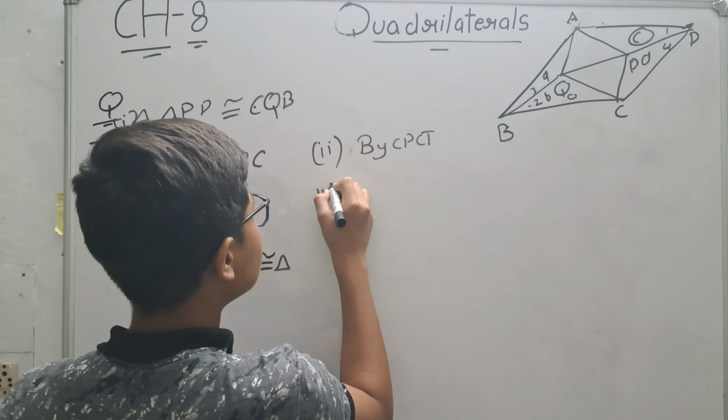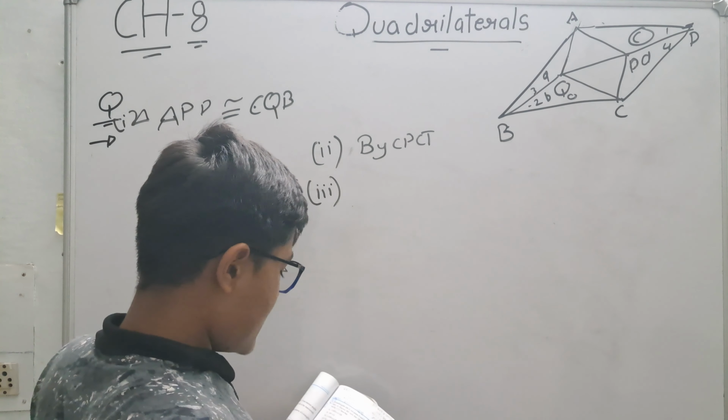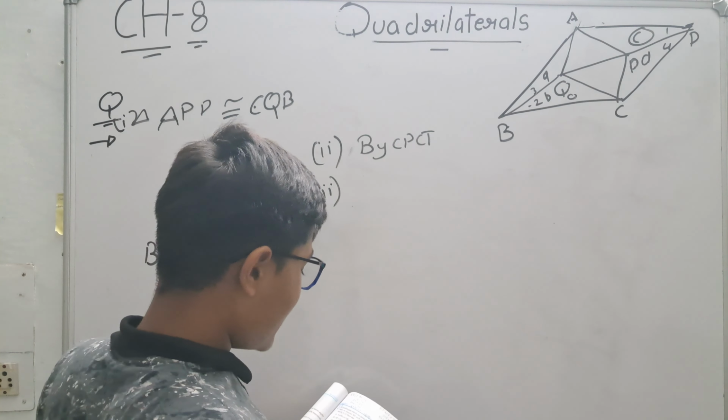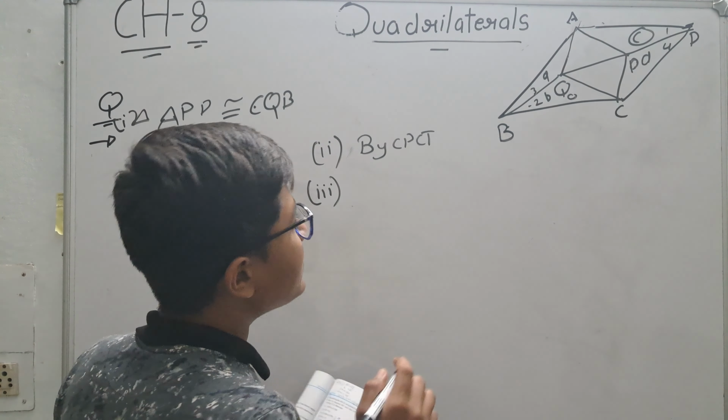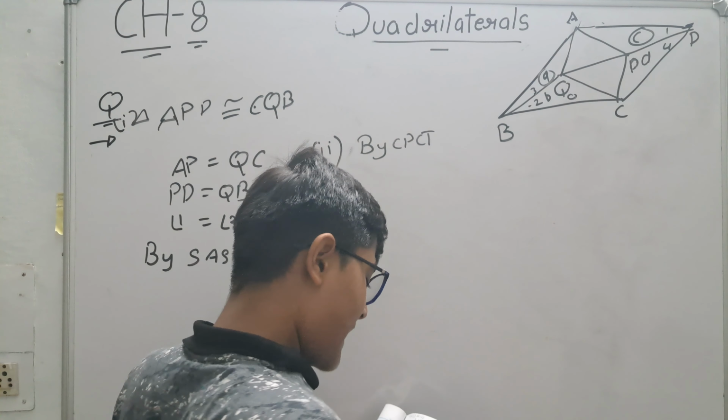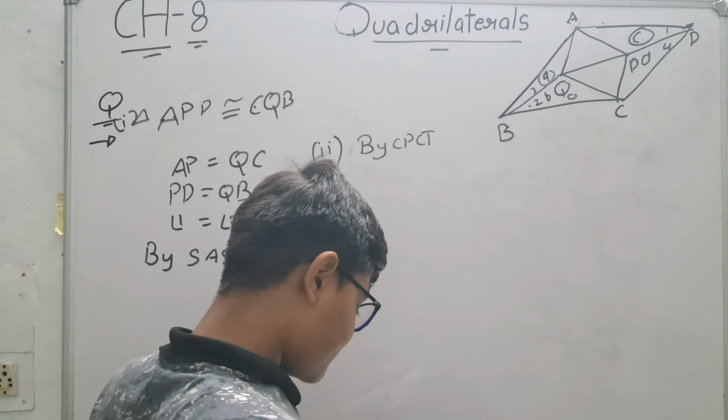Now let's do the third part. Triangle AQB and triangle CPD. In these you can say that AQ is equal to CP.